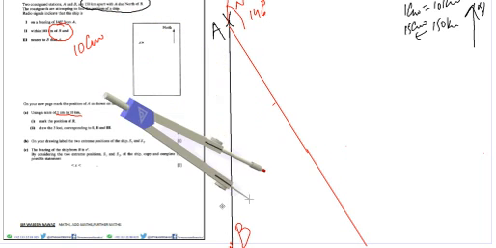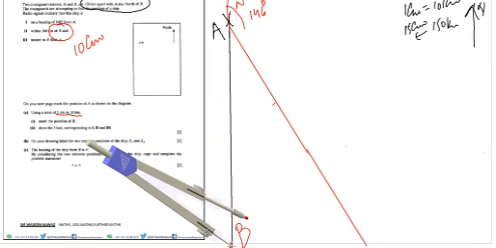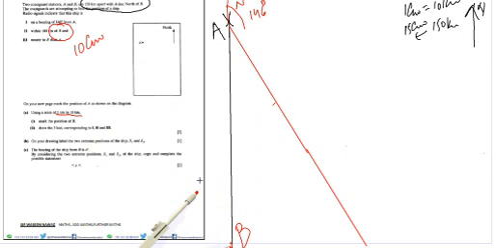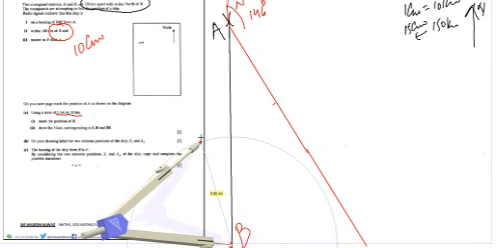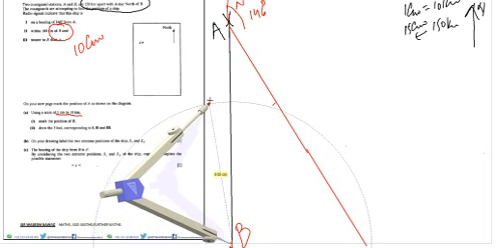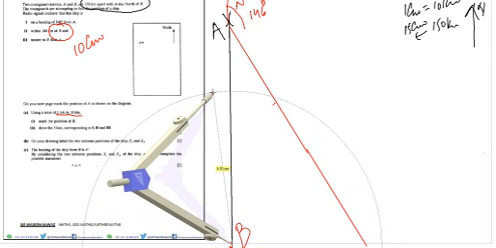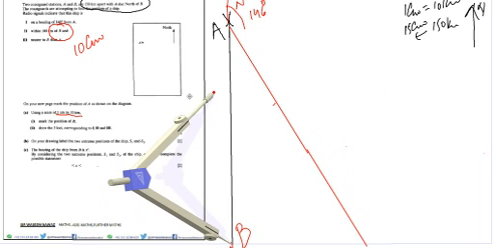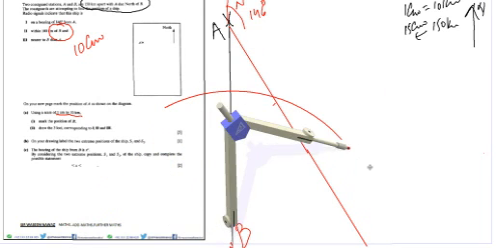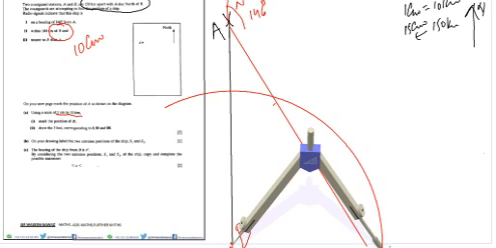So I will use this here to draw a circle of 10 centimeter. So check here that it is approximately 10 centimeter. So I will draw an arc of 10 centimeter.